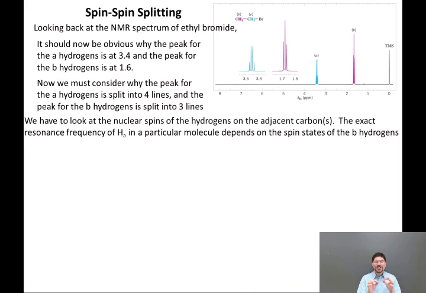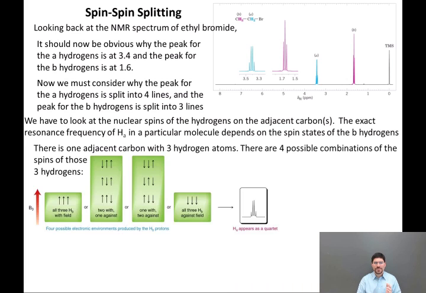So the exact resonance frequency of HA in a particular molecule depends on the spin states of the B hydrogens. In this case, if we're looking at A, there is one adjacent carbon, and that carbon has 3 hydrogen atoms of type B. There are 4 combinations of the spin states of those 3 hydrogens.